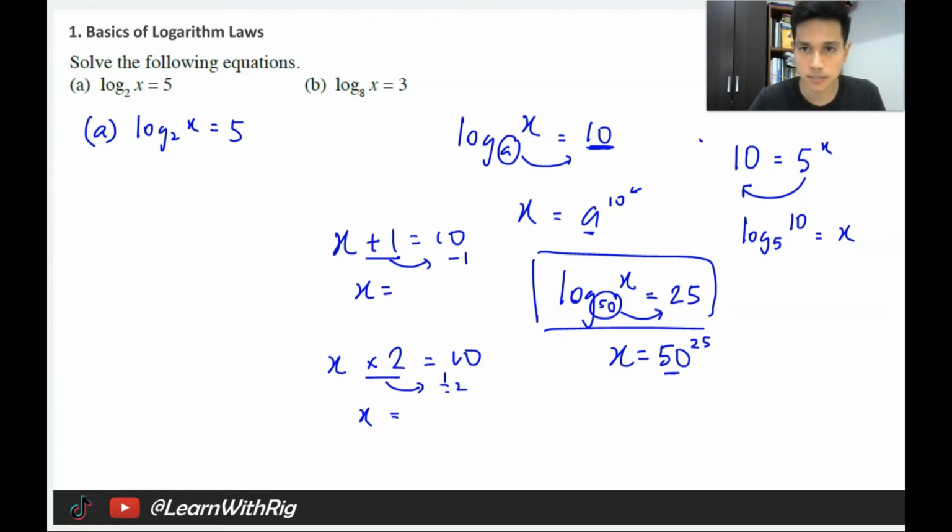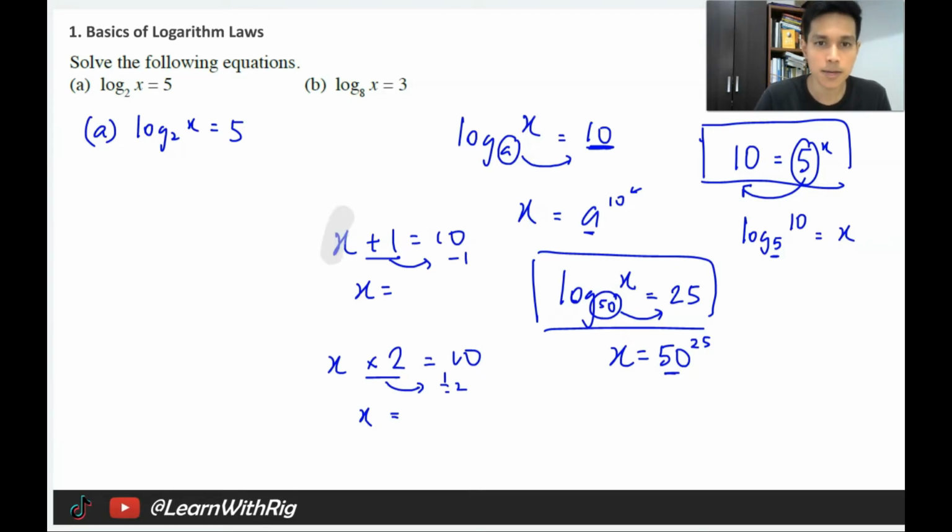But in this case, you take the base of the indices, bring it to the other side, and it becomes a log with that base. So the 5 you bring to the other side becomes log base 5. Okay, so this is how it works.